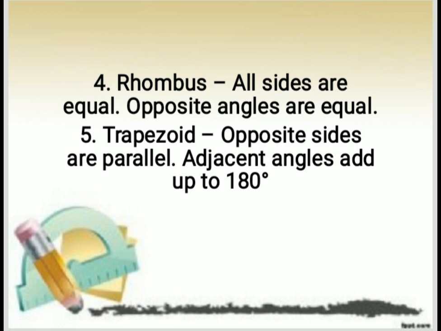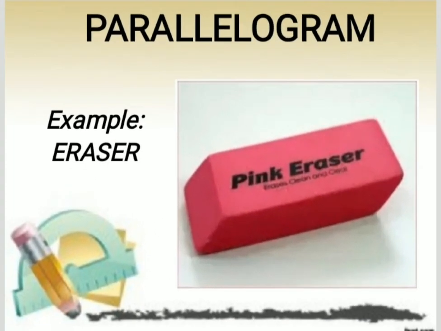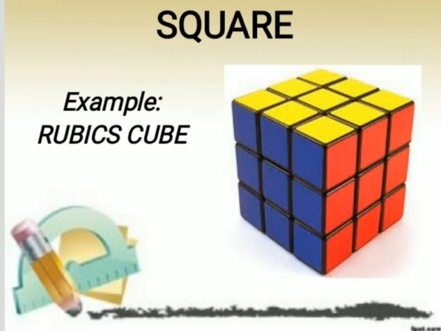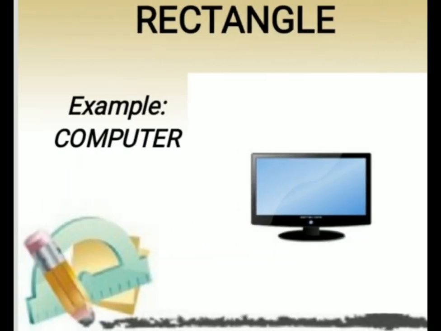Examples of quadrilateral in the real world. For parallelogram, I have an eraser. For square, I have a Rubik's Cube. For rectangle, I have a computer.